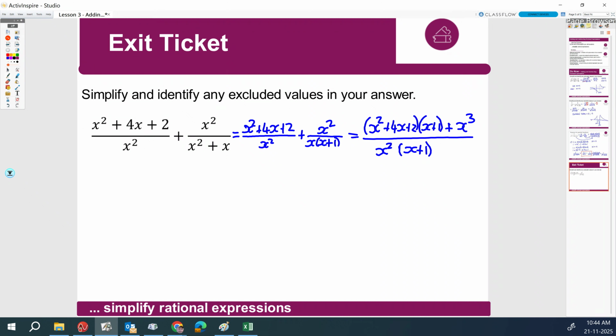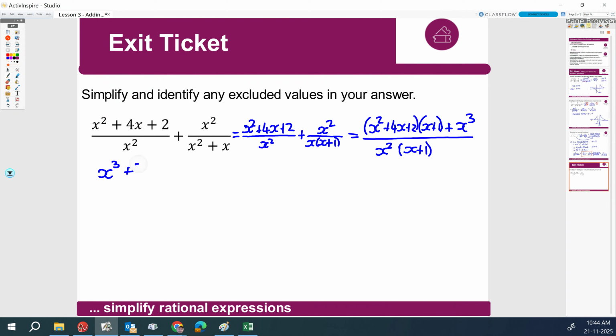So now, I need to do a distributive expansion of this. I'm going to multiply through. So x times x is going to give me x cubed. I'm going to get two x squared terms: an x squared term and a 4x squared term.